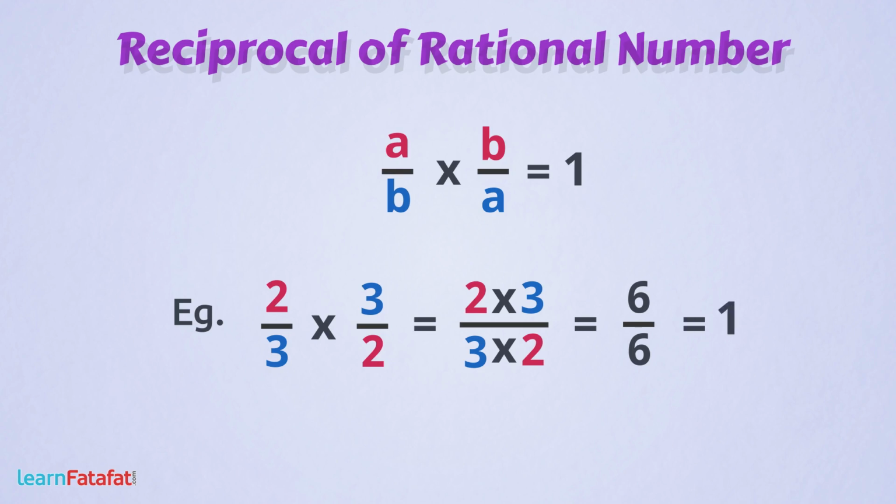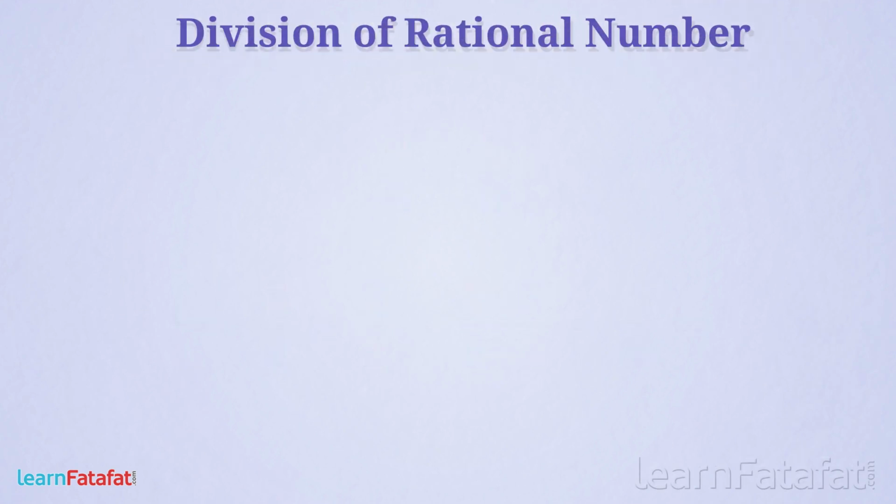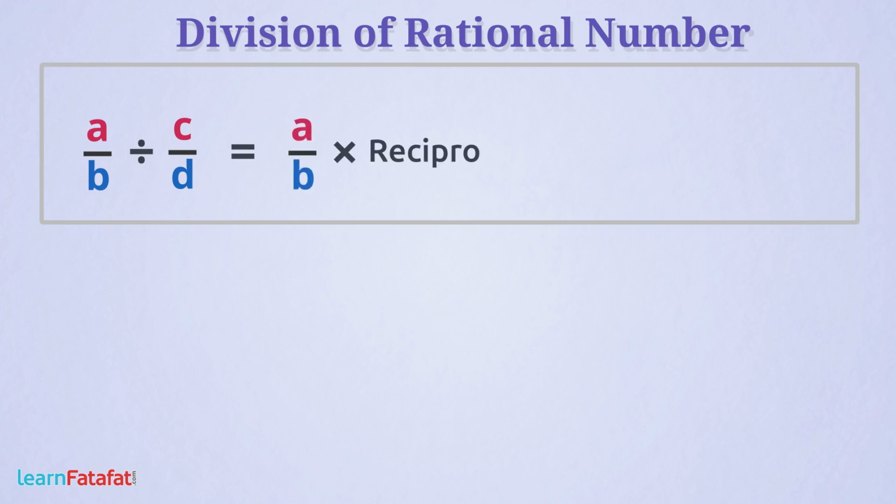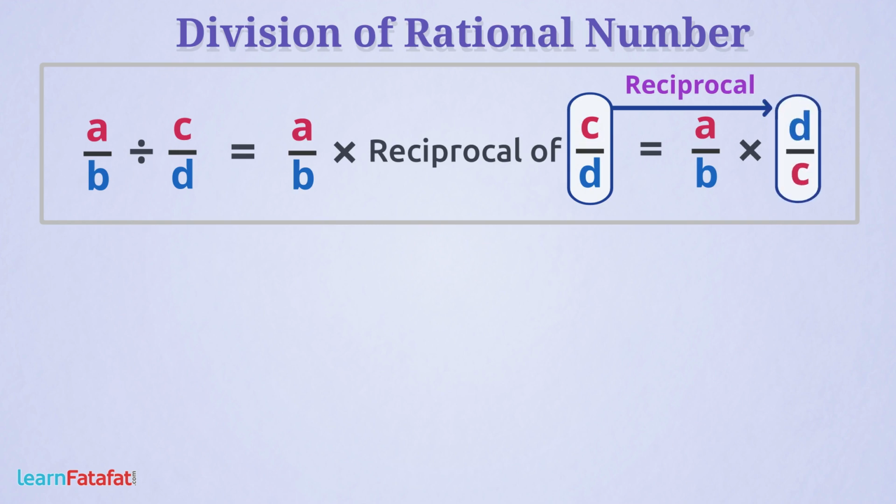If you understood this concept, let's learn division of rational numbers. Basically, dividing a rational number a by b by another rational number c by d is the same as multiplying it by the reciprocal of c by d. For example, 4 by 5 divided by 2 by 3.